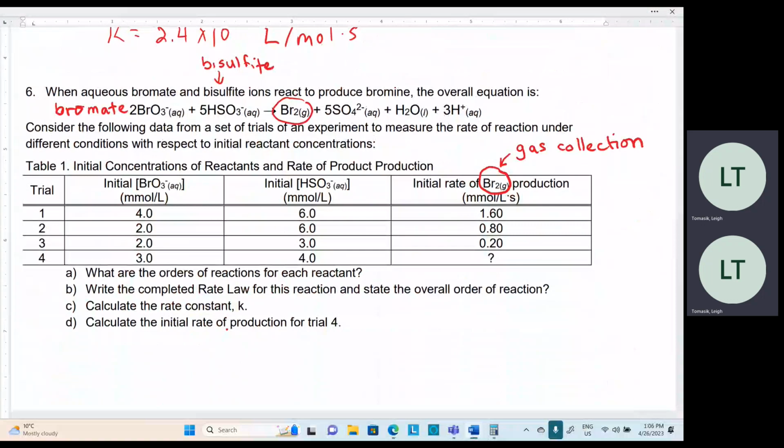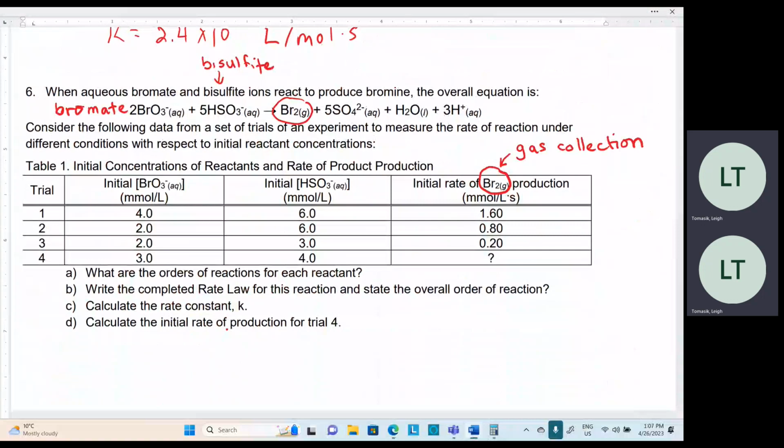So we have 3 trials of this, and we're looking at both of the reactants, bromate and bisulfite. You'll notice that in trials 1 and 2, the initial concentration of bromate changes, but the initial concentration of bisulfite stays the same.